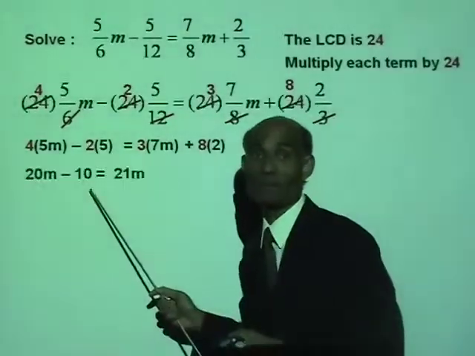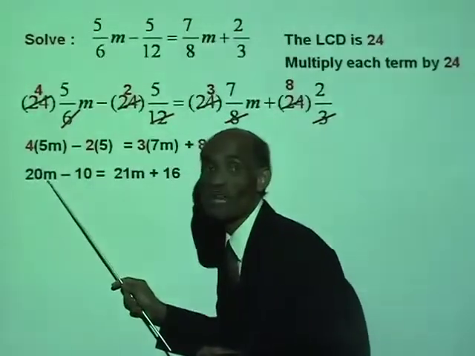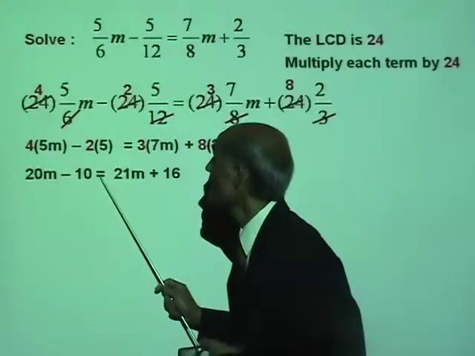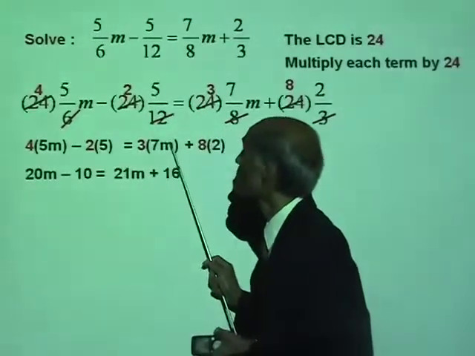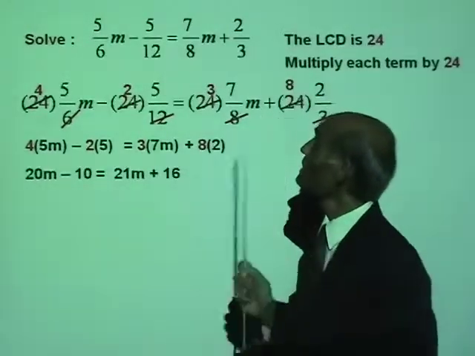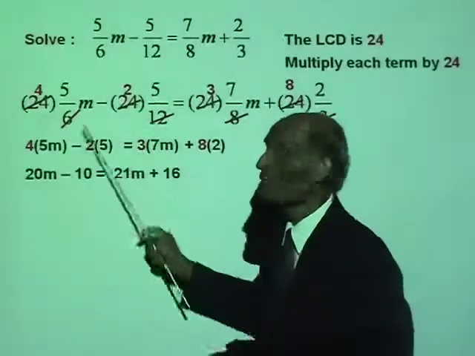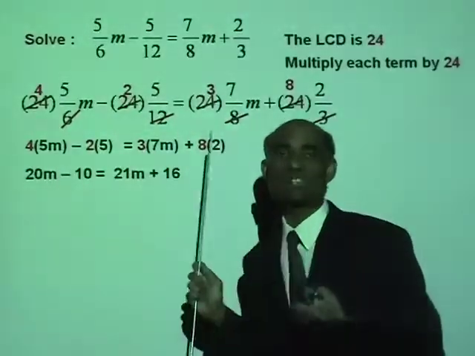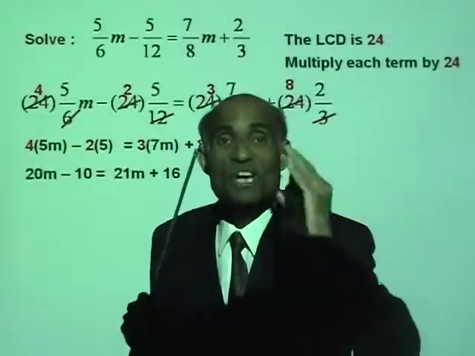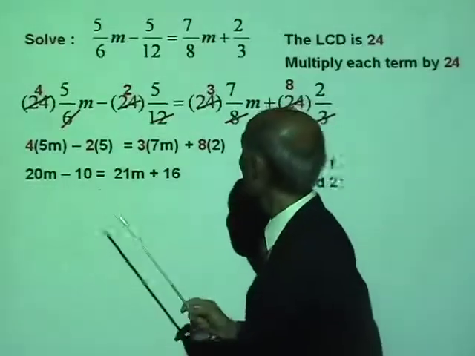We now multiply. 4 times 5m is 20m, minus 2 times 5 is 10, equal to 3 times 7m is 21m, plus 16. You see how a very ugly looking equation like this became a beautiful equation by simply multiplying each term by 24.